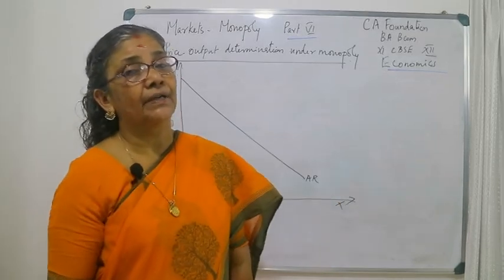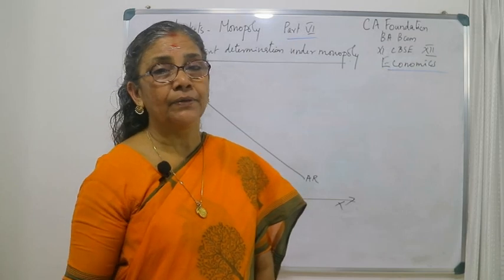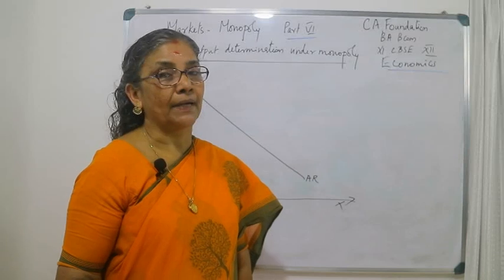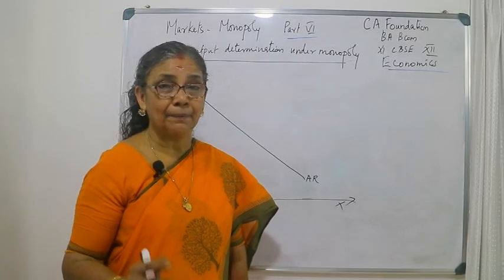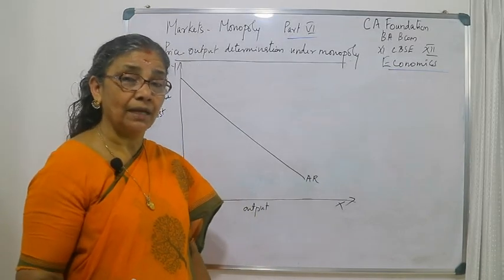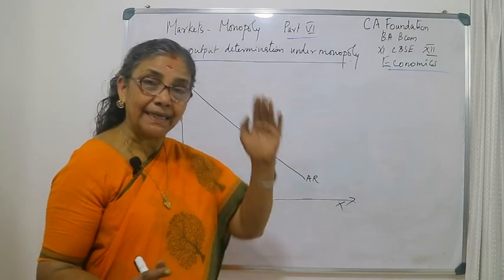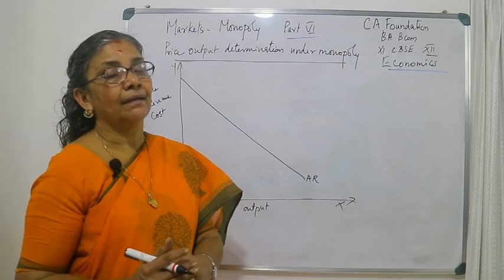Why does the average revenue curve slope downwards? If the seller wants to sell more units, he has to reduce the price of the product. If he wants to maintain a higher price, he can sell less only.